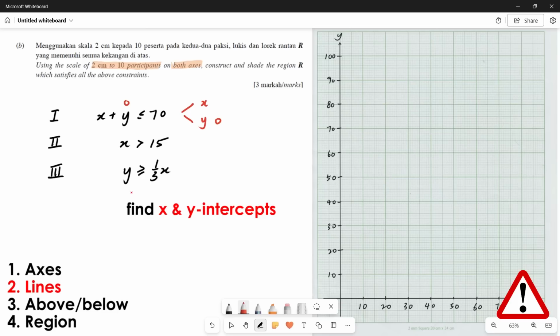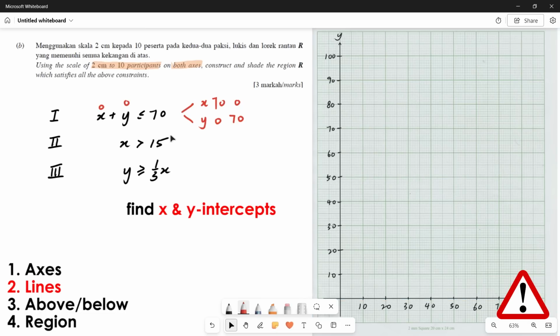So you can see that x is 70. And now to find the y-intercept, we are going to put x equals to 0. So if 0 is put here, then you will also see that y is also 70. Okay, so we can find where x equals 70 and where y equals 70 on the graph, and then join the 2 points to draw the line.